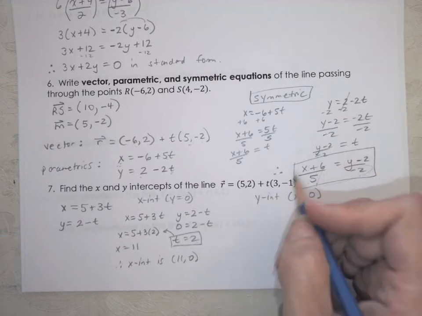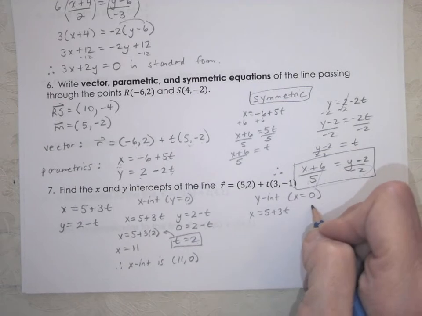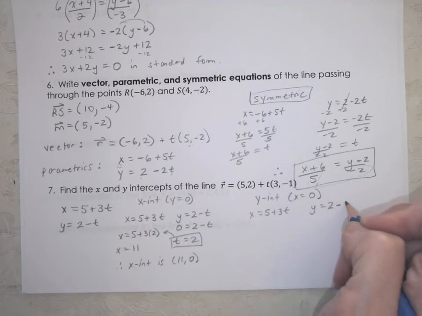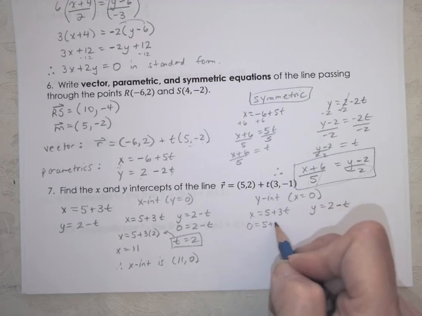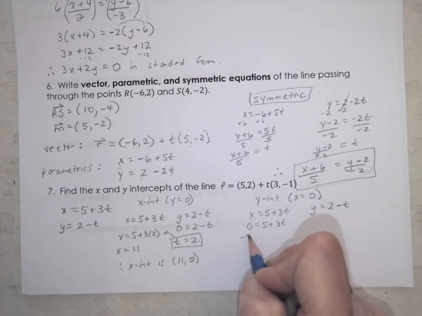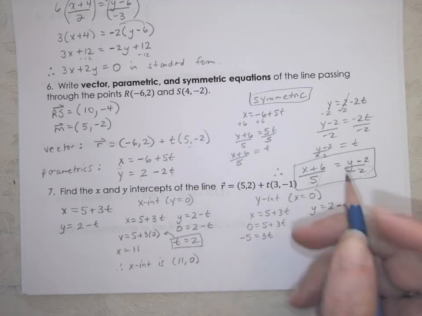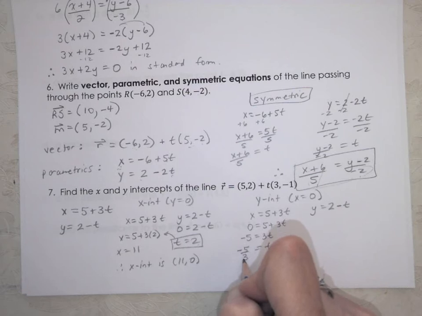So I'm going to use my parametrics again. So this time x is 0. I want to solve for t, so I'm going to subtract 5 on both sides and divide by 3, so I get t is negative 5/3.